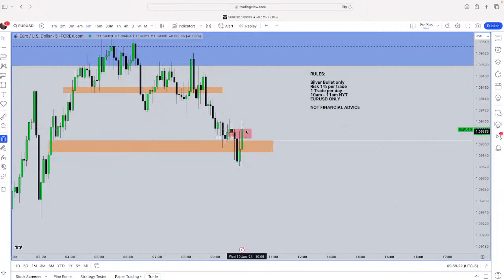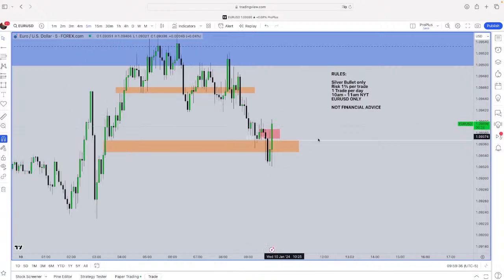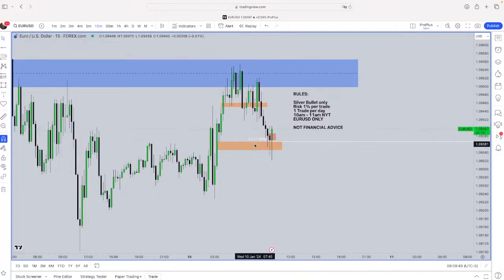Let's see if it closes above this consequent encroachment and also above the order block. Then potentially we can start seeing some retracement back, maybe between this bar side here or that bar side here. But that's why it's important to make sure you take profits. Even on the 15, it looks like price is nice at the minute, bouncing off here.